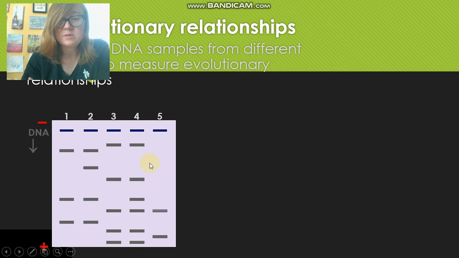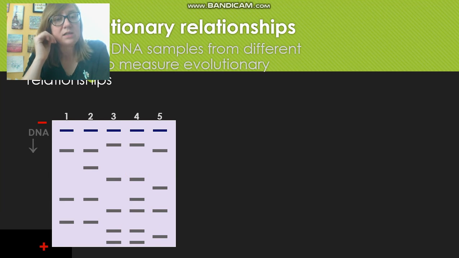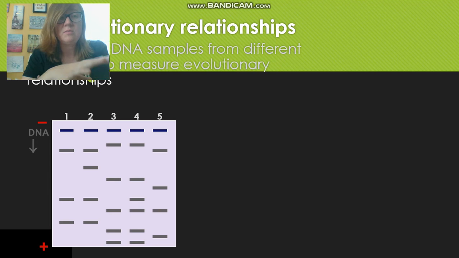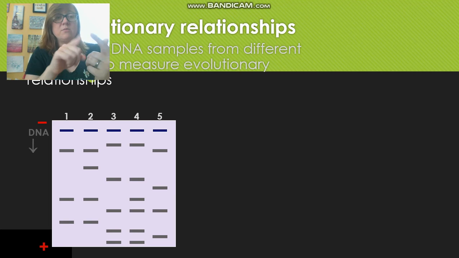And let's look at species 5. Well, species 5 has one thing there and one thing with them. They seem kind of doing their own thing, so maybe they're not very closely related to 1, 2, 3, or 4. So then what scientists would do using this DNA information, they would maybe be able to change how they classify organisms. We talked a while ago about the classification system: kingdom, phylum, class, order, family, genus, species.